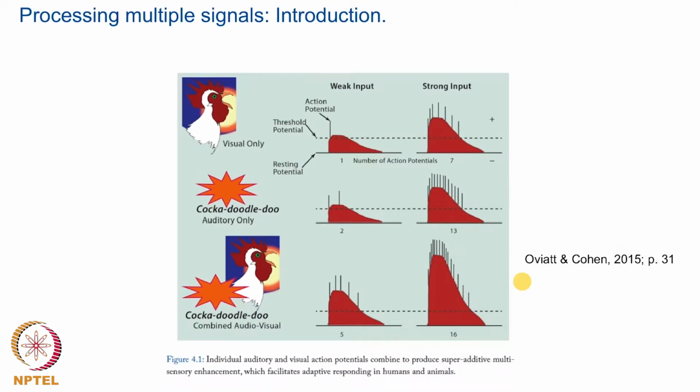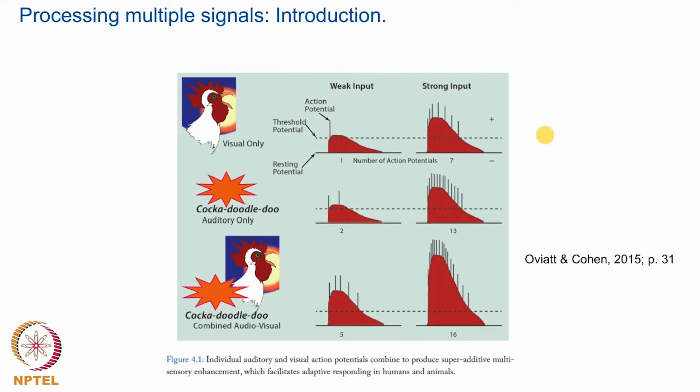What you can see here is the human's neural activity as a response to an animal stimulus. Here we have a rooster's cry, the cock-a-doodle-doo. Once in visual-only stimulation on a display, once only the auditory information, and then in the last row the audio-visual, multimodal stimulation.